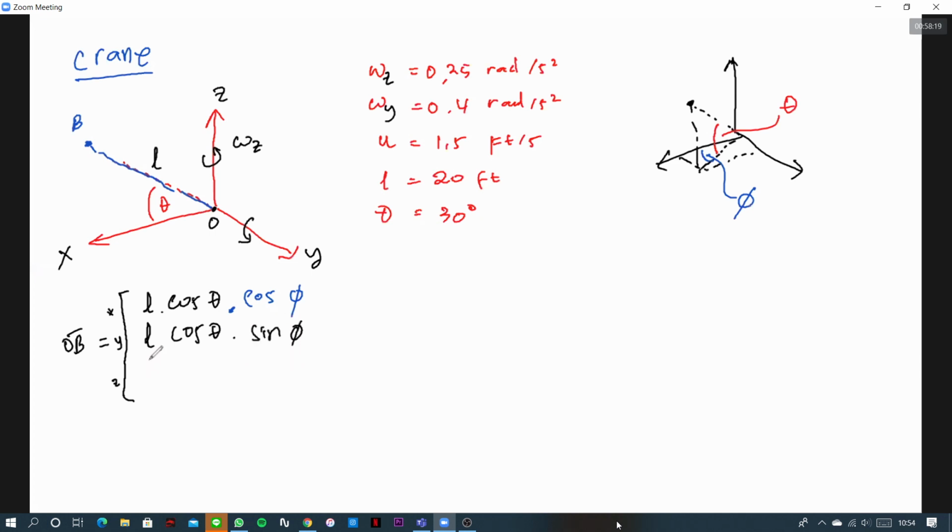And the last one, the z component, is L sine theta, because you have to project it here.